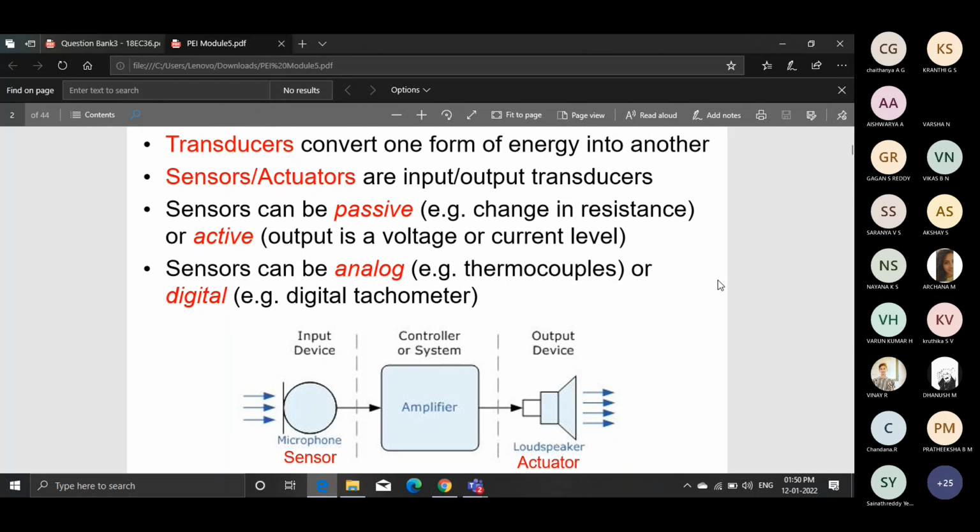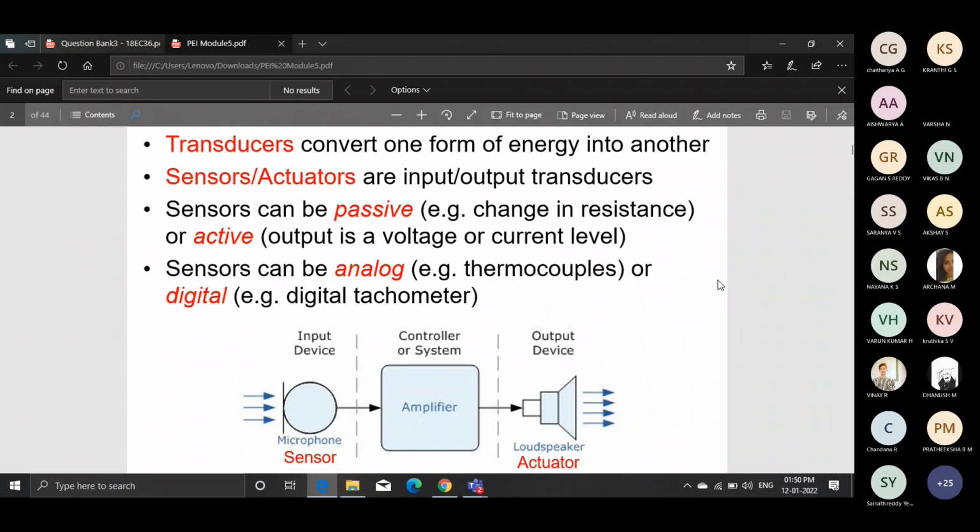Any audio which is produced will be received by the microphone, then amplified as per the requirement, and finally sent to the speaker where anybody can listen to it. So one form of signal is being converted into another form of signal. That is how a transducer works.